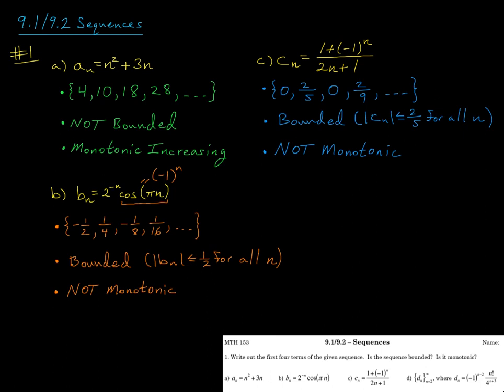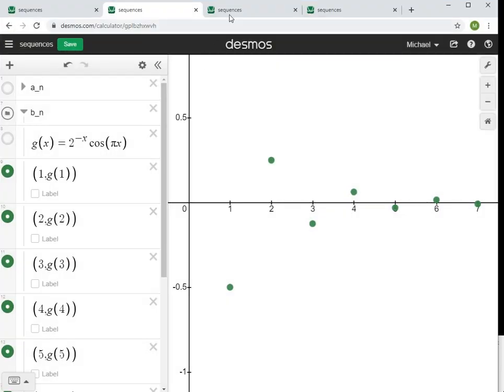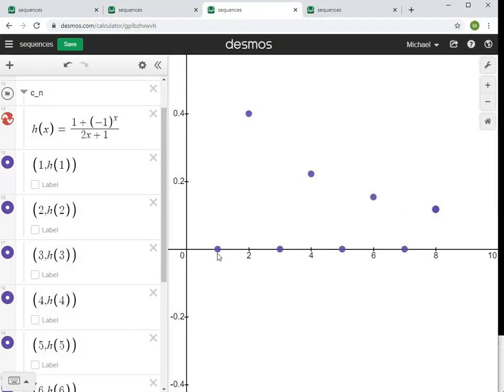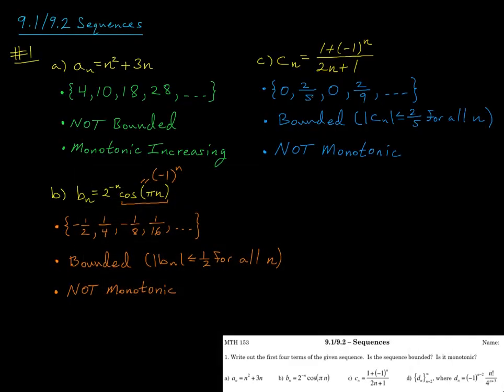Here's a picture of that sequence. It goes from 0 up to 2/5, down to 0, 2/9, and so on. We can see pretty clearly it's bounded. All the terms are less than or equal to 2/5 in absolute value, and we're not monotonic, because we increase and then decrease.